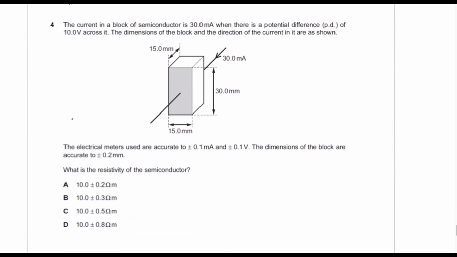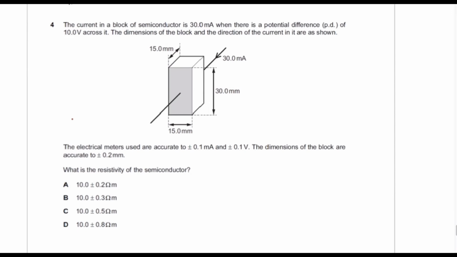The current in a block of semiconductor is 30.0 milliampere when there is a potential difference of 10.0 volt across it. The dimensions of the block and the direction of the current in it are as shown.